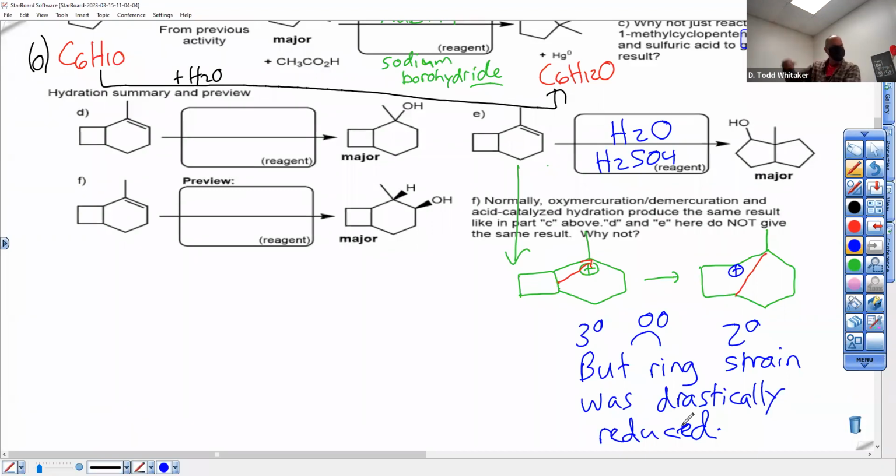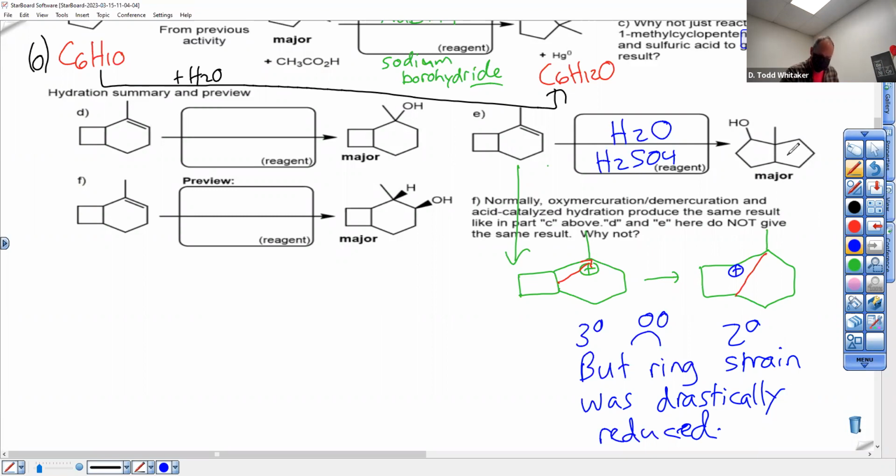The big picture wasn't talked about. The big picture is stability. Hyperconjugation contributes to it, but ring strain contributes to destabilization a lot more than hyperconjugation contributes to stabilization. So ring strain drastically reduced is why we got here.